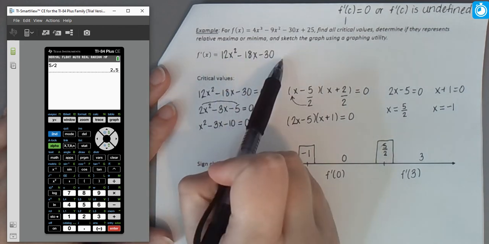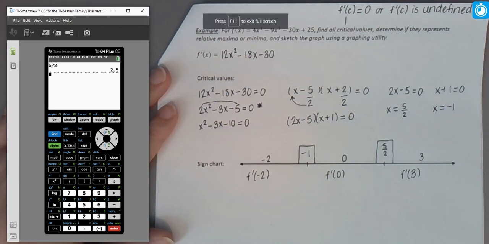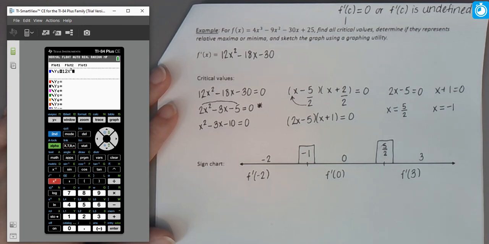We can save a little bit of time by taking our graphing calculator and just typing in that derivative. So I'm going to type in the expression for the derivative. So 12x squared minus 18x minus 30. Okay, I don't want to look at the graph yet. I just want to look at the table. So I'm going to go into second and graph and go into the table. How is that going to help me?